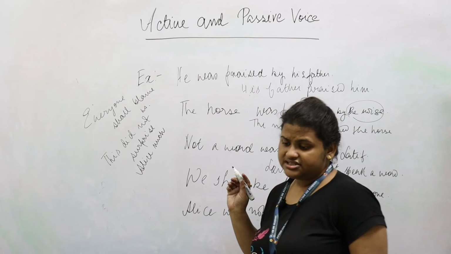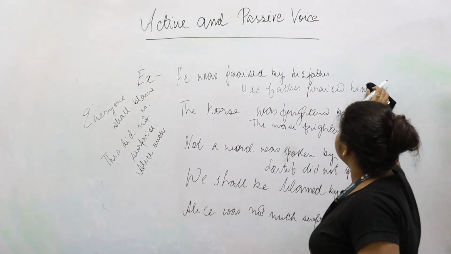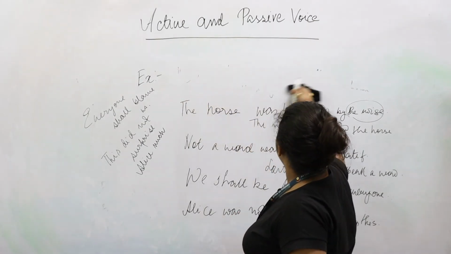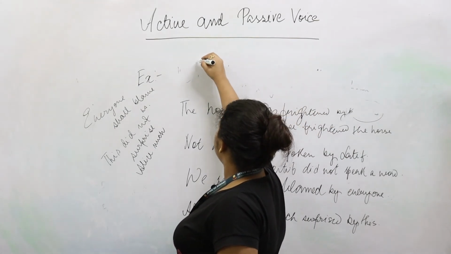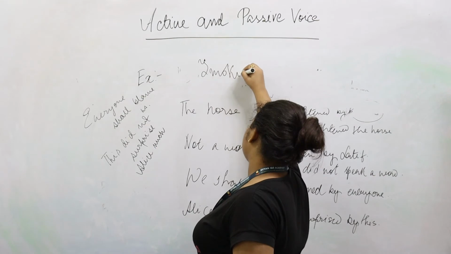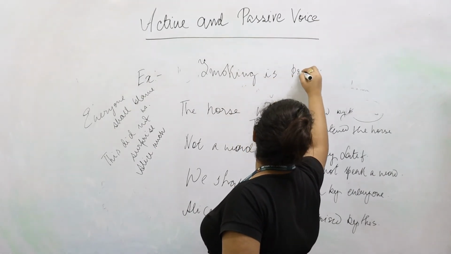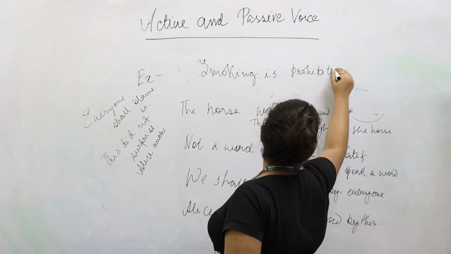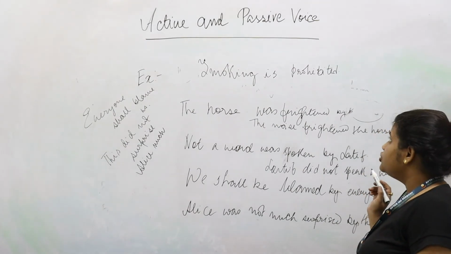However, there are certain cases in sentences and examples. For example, when we say smoking is prohibited, which automatically means smoking is prohibited here.